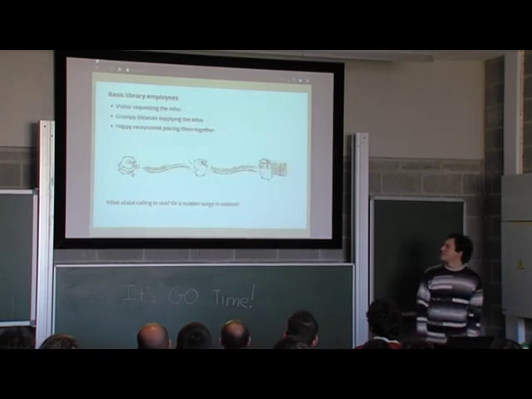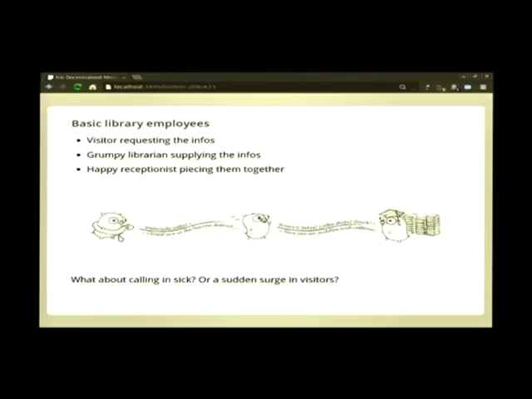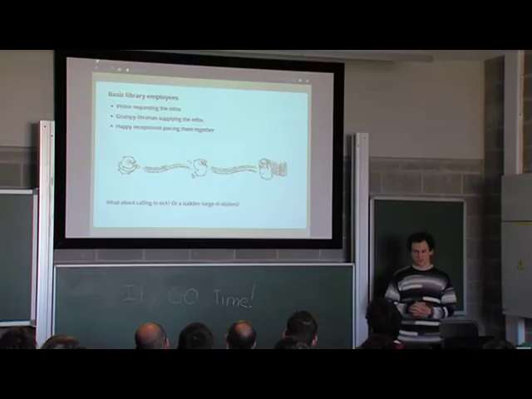If I want a really simple version of our library, we have our visitor Gopher there, with the swimming thingy. Then we have our one single receptionist and our librarian. Whenever our visiting Gopher asks something, the receptionist will run to the librarian, ask for all the information, run back to the visitor and tell him all the information.